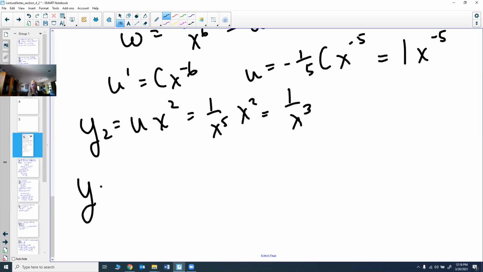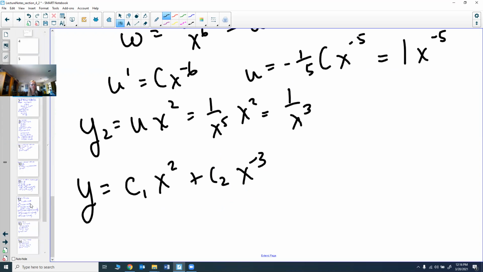And then we can say, well, y is now equal to c1 times x squared plus c2 times x to the minus 3. And again, the reason we can make this into 1 is it would have just been incorporated into that constant in the end. And so it all works out. All right. So this is how we do reduction of order.